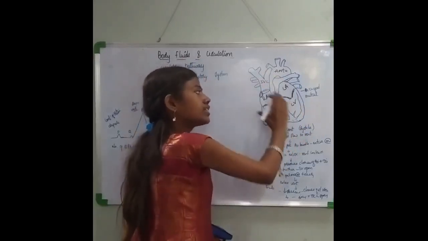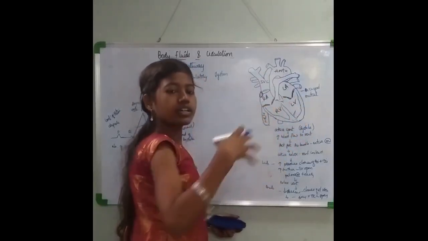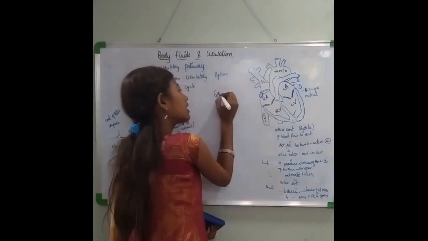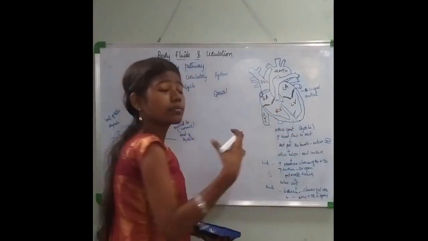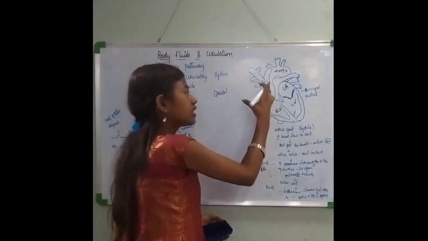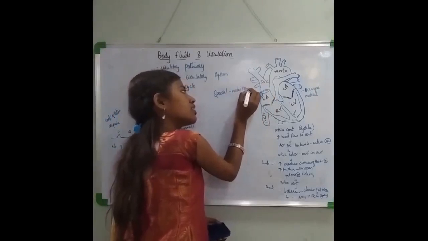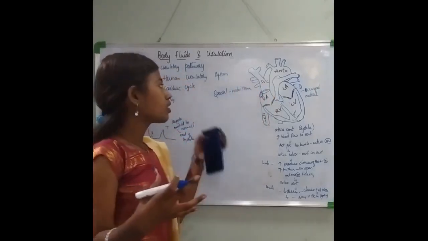Now, the entire heart is spread out through cardiac musculature, right? So there is a special cardiac musculature spread into this right atrium, which is called the nodal tissue. Specialized cardiac musculature is referred to as nodal tissue.